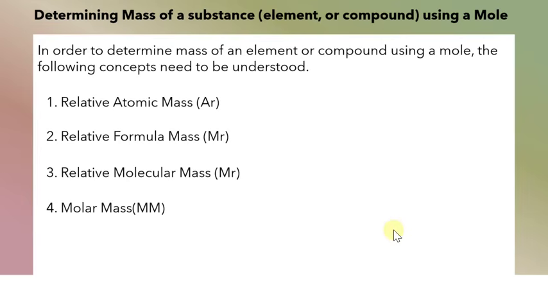So once you understand these concepts, it will be very easy for you to calculate or determine mass of a substance. Now let's begin by looking at the relative atomic mass, Ar. What is relative atomic mass?